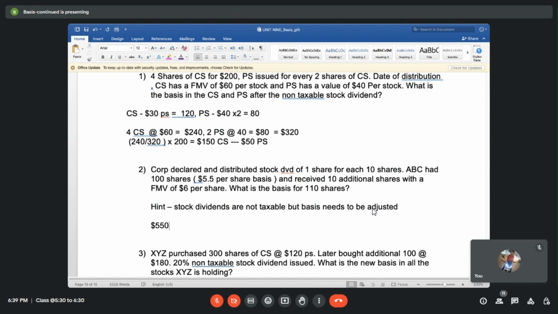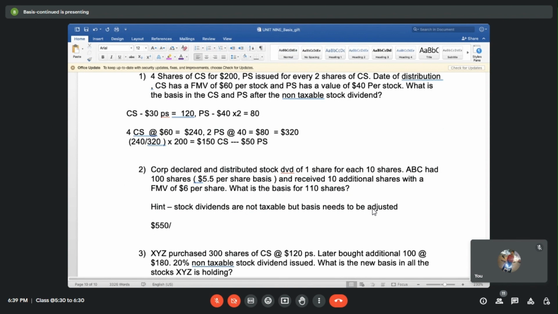Correct? Madam, the basis per share will be $5. Very good, Varunji. This is a perfect answer. And can you please explain how you did it? Since the basis only needs to be adjusted, it will not change. Yes. So the value for 100 shares previously was $5.5 per share, that is $550.